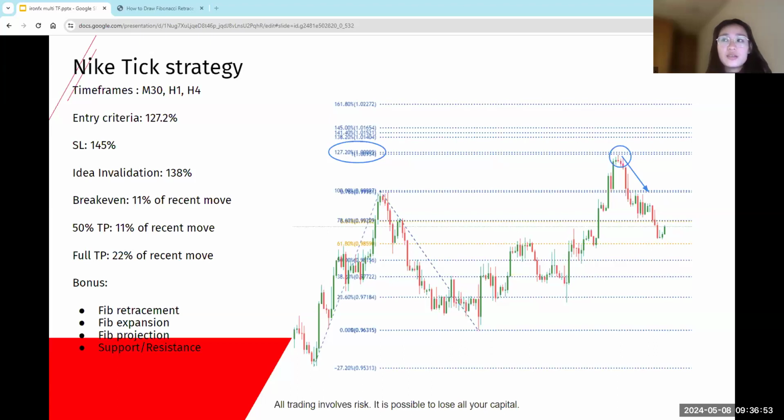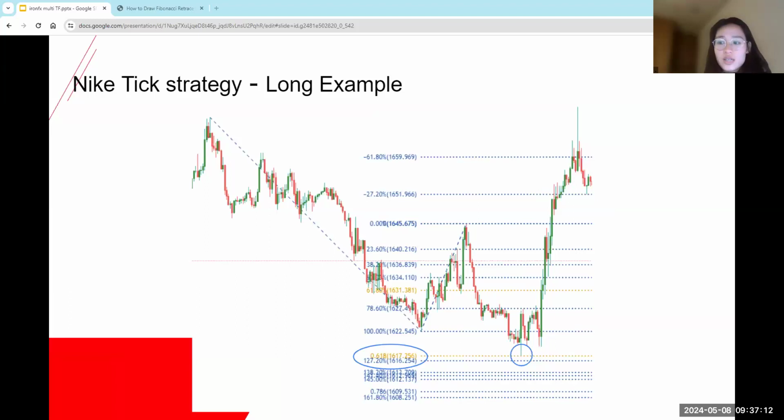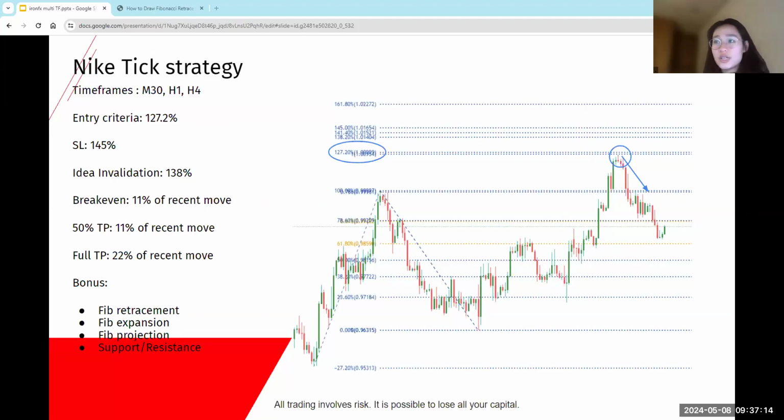Bonus if you can get your Nike tick levels to line up with any Fibonacci retracement, expansions, projections, as well as any pullback or overlap support or resistance levels. Here's a long example, and over here is a short example.